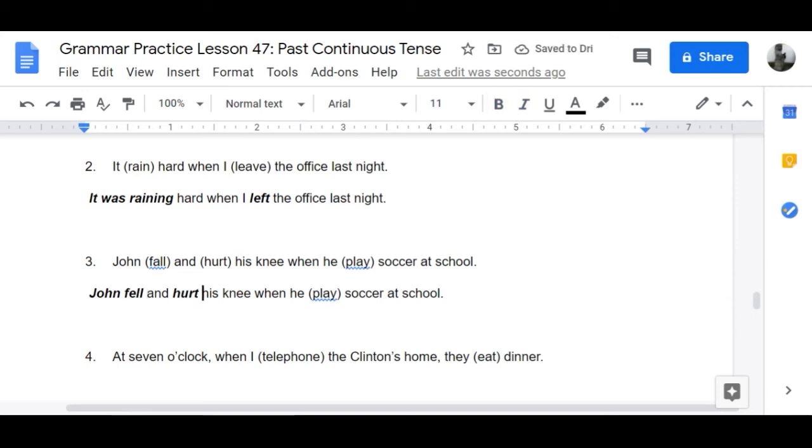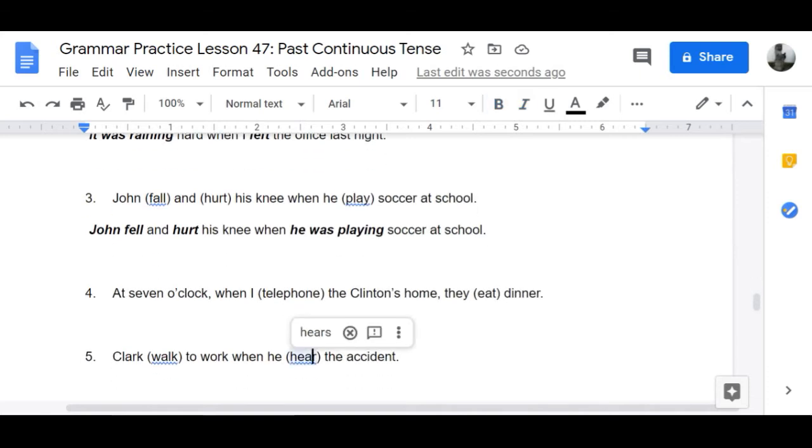John fell and hurt his knee when he was playing. John was doing something. Yeah, he was up to something. When he was playing soccer at school. So when John was playing soccer at school, he fell and hurt his knee. Okay, I just changed the order, but it's the same. John fell and hurt his knee when he was playing soccer. Where? At school.